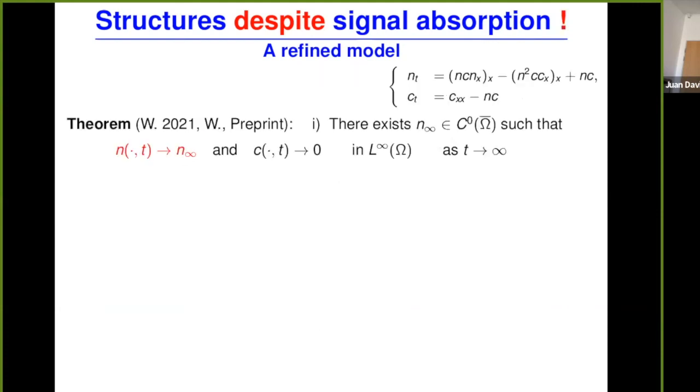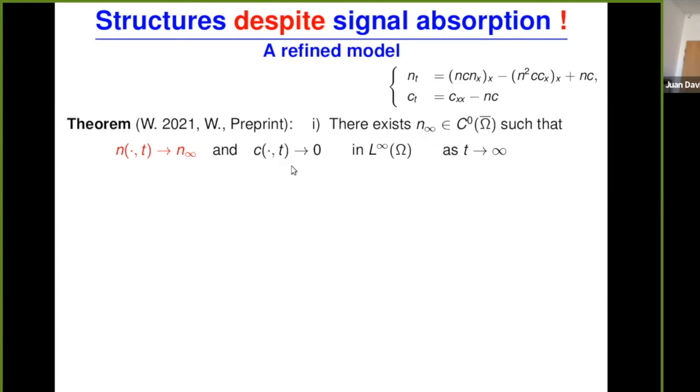But the reality is different. In this 1D model, it is possible, first, and it's not too surprising, to identify a limit. This is difficult, but it is not surprising. There is a limit to which n stabilizes.